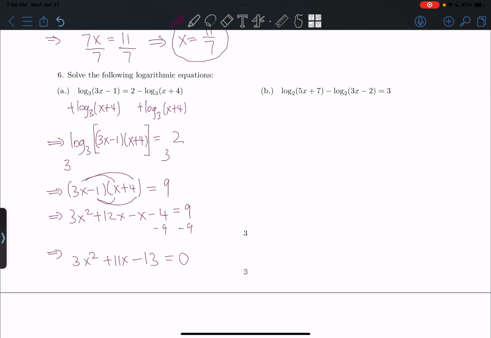Now this one I don't think is factorable. Yeah, just because 3 and 13 only have one factor and there's no good arrangement of these that will get you to have the perfect factor. So in this case, you just hit it with the quadratic formula. I'm going to apply the quadratic formula here, which is negative 11 plus or minus, let me write the x first.